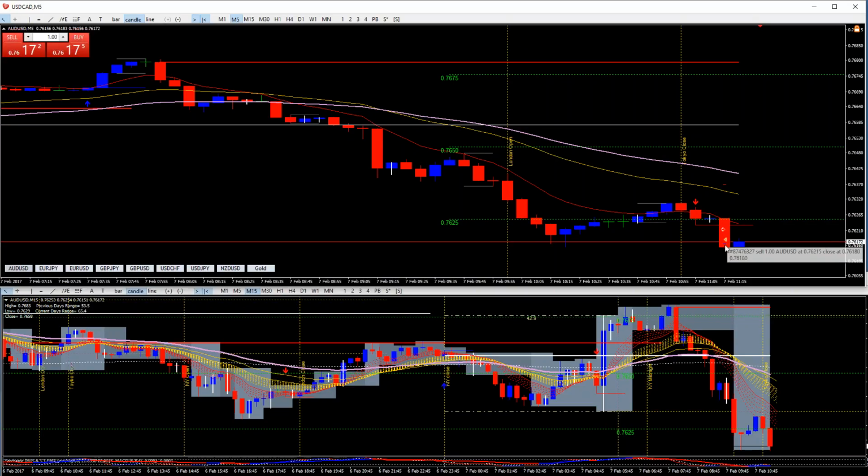There's my entry, there's my take profit and stop loss, and as you see, it's waffling. On a 4-hour, there's still lots of room to the downside. Well, actually, there isn't. There's only 13 pips to the downside before it hits some support.